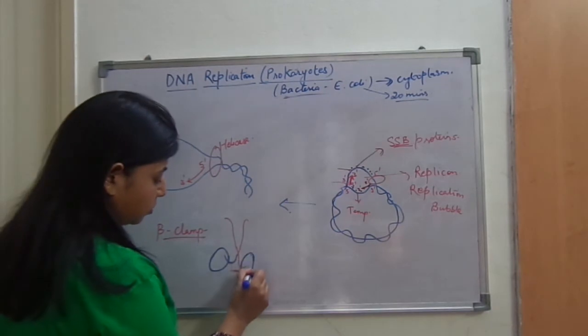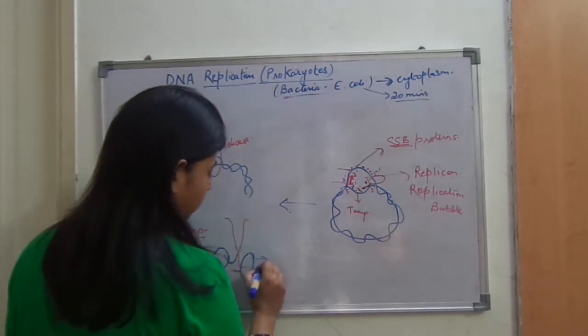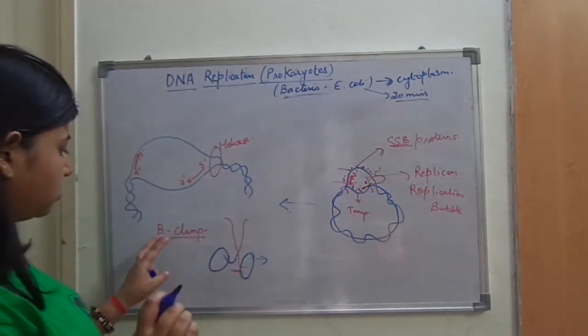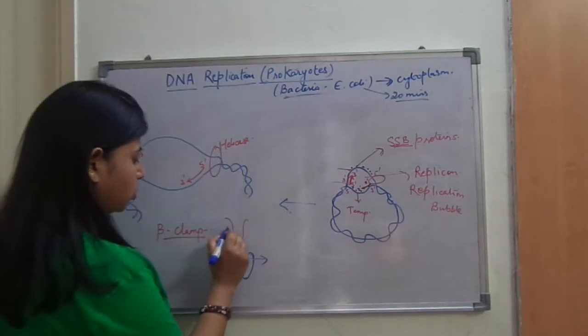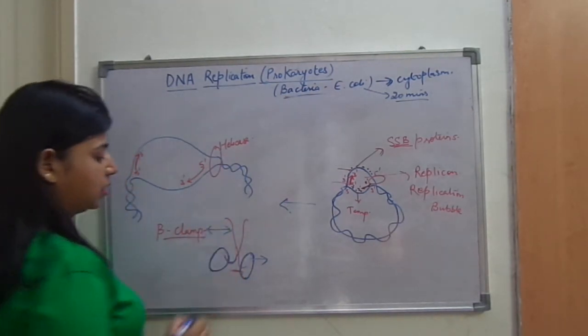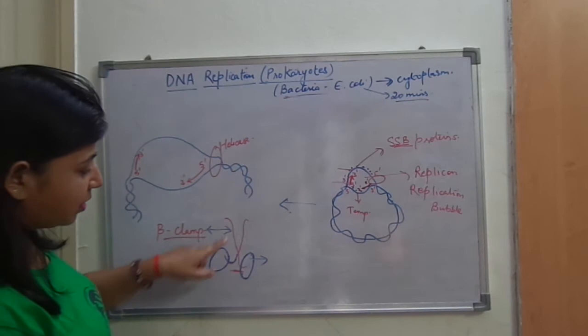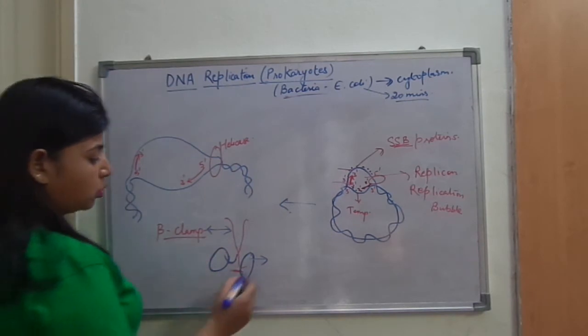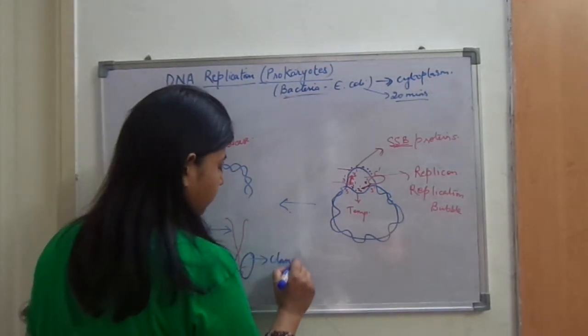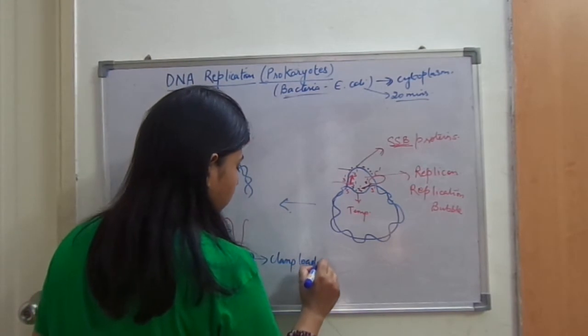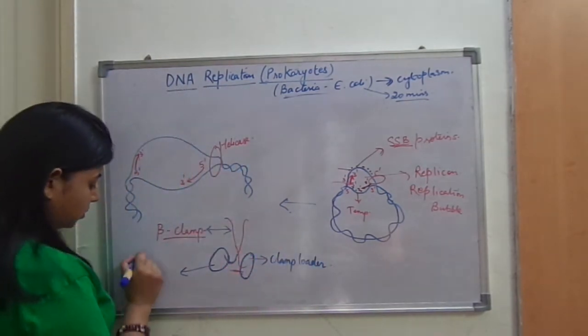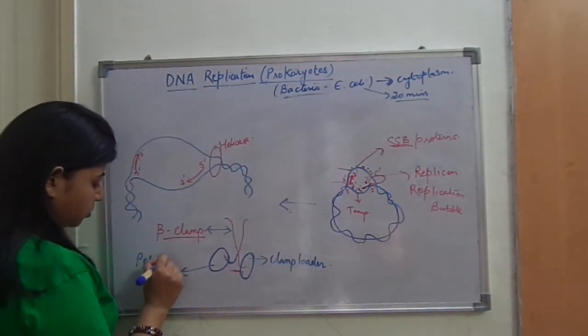We are talking about the beta clamp. This is the beta clamp. This has certain hook-like positions on it. To this hook, the clamp loader is present, and this side is polymerase 3.